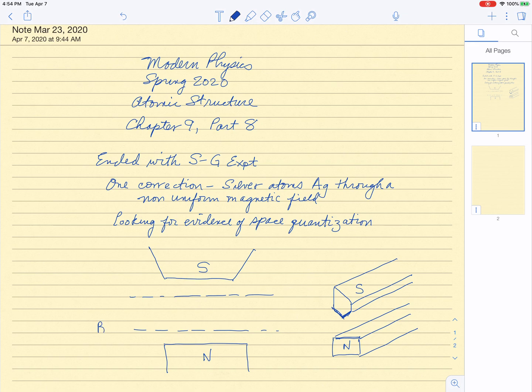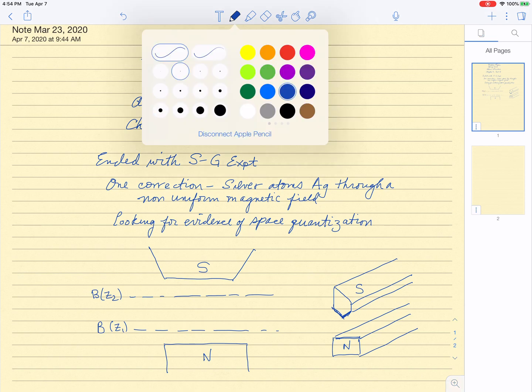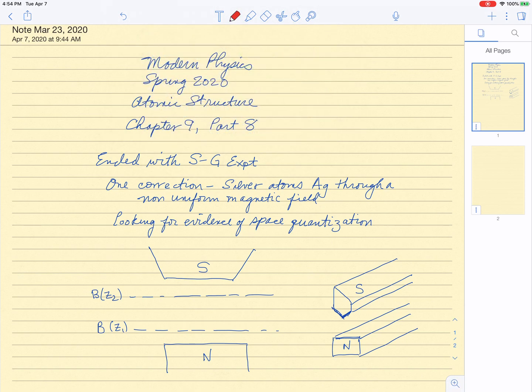And so if you were to actually do the calculation, I'll use the same notation that's in your textbook: this is B at Z1, this is the magnetic field at Z2, and here is the Z direction. Looking at the magnetic field lines, B at Z2 is greater than the magnetic field at Z1.